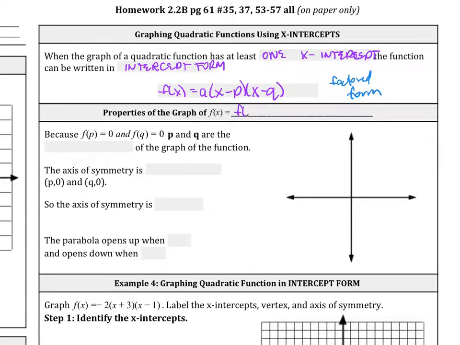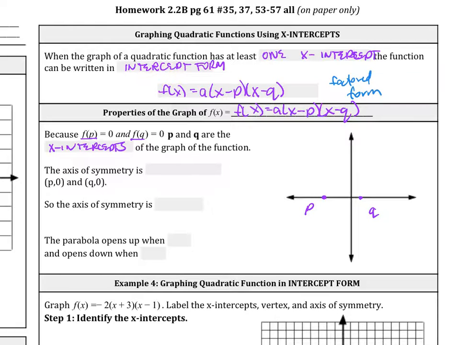Some properties of intercept form: because f of p equals 0 and f of q equals 0, p and q are the x-intercepts of the graph of the function. So our p could be here, and then our q could be on the other side here.